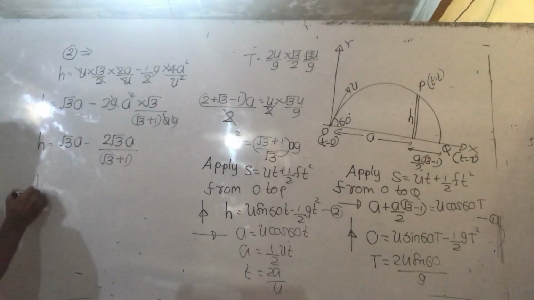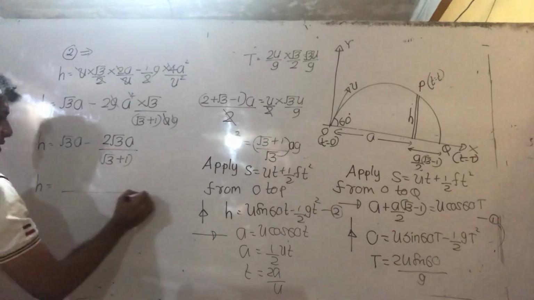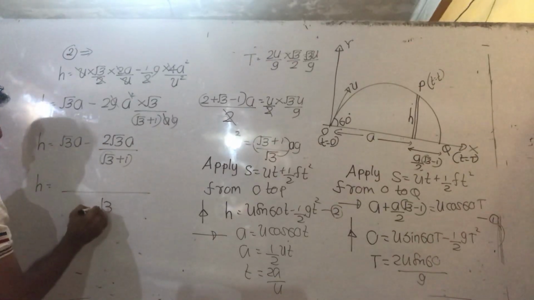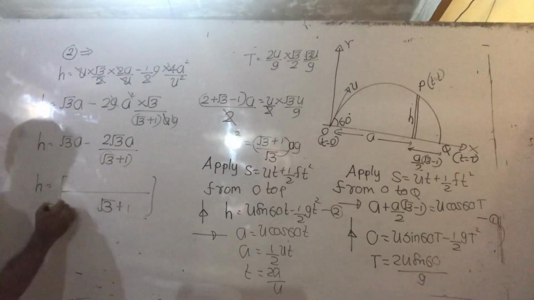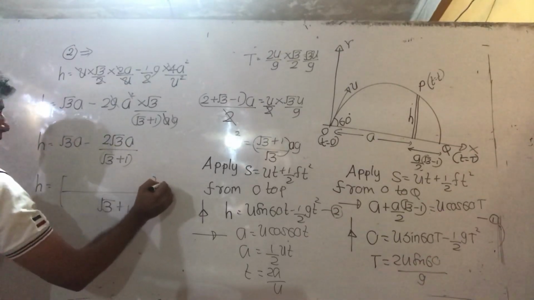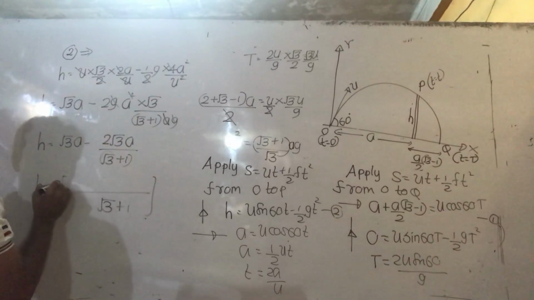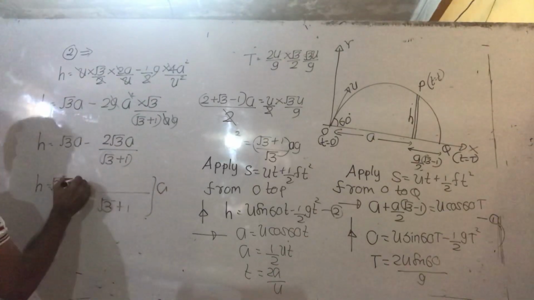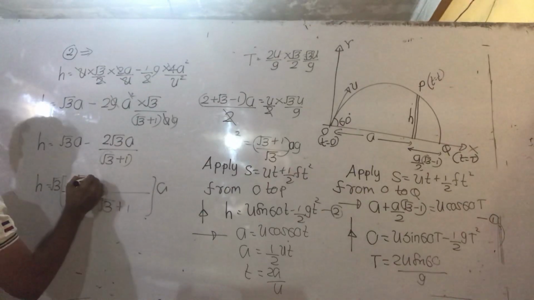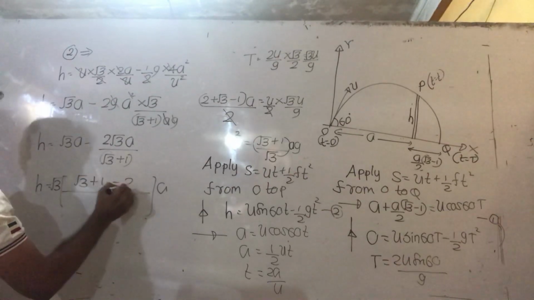Now simplify, taking the common thing and using the LCM, simplify root 3 plus 1. And here take the a out, root 3a out. So we multiply root 3 plus 1 minus 2.